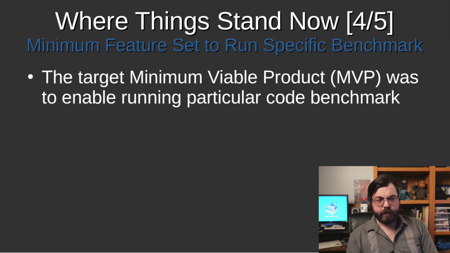Now, I've mentioned a number of times that I have a minimalist set of features in here, and that's really because from the onset of this project, I had a problem that I wanted to run, and so I've really just included exactly the features that I needed so that I could run that particular benchmark.